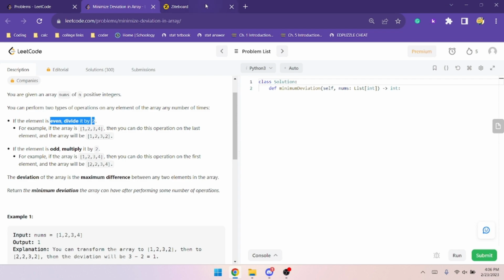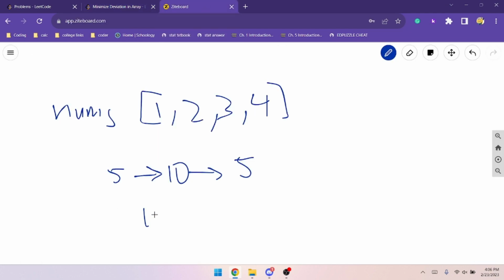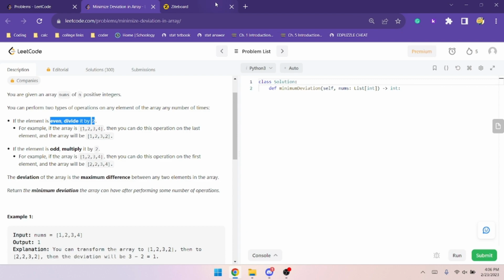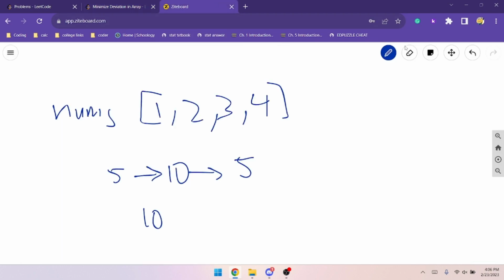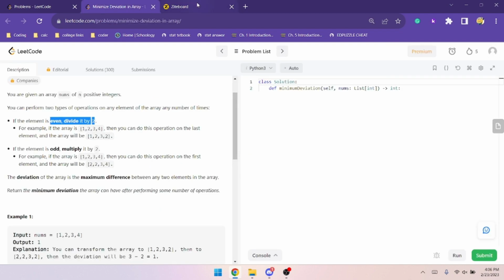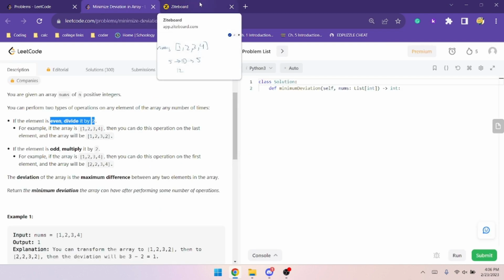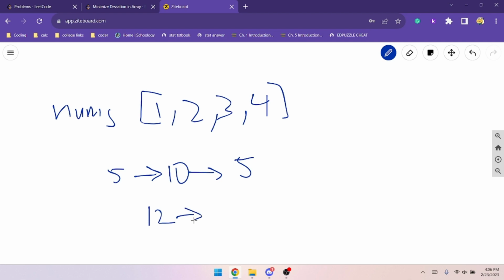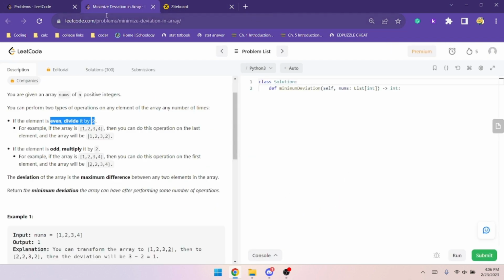And then if I'm at an even number, like 12, I can divide by 2 until I get to an odd number, and then I'm back to cycling between these two numbers.